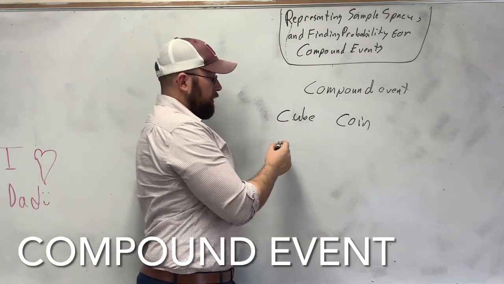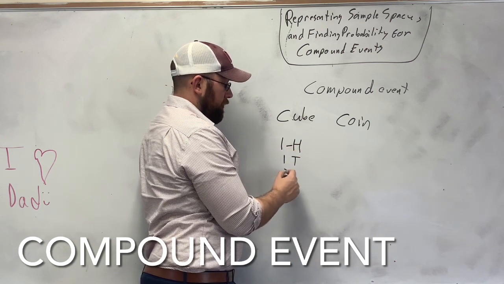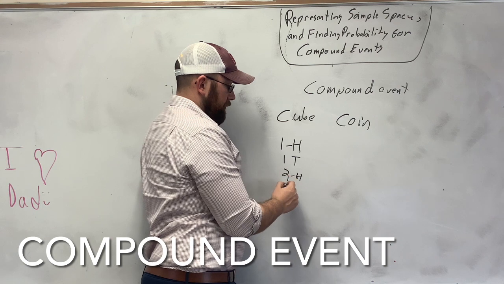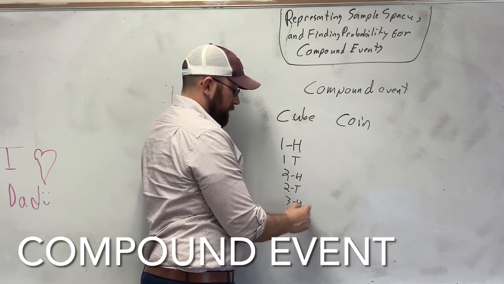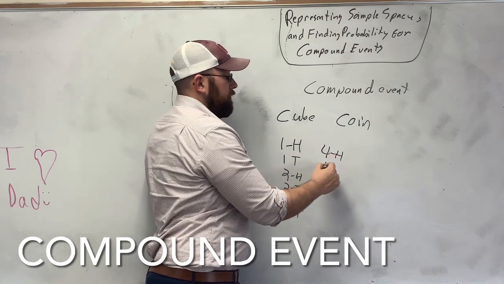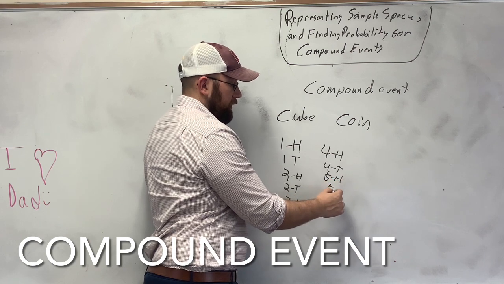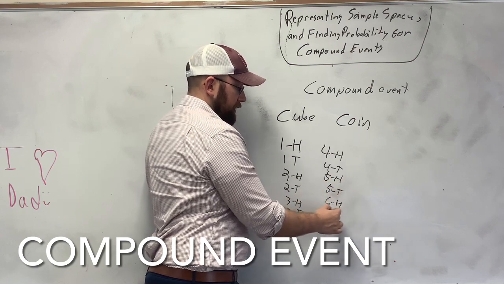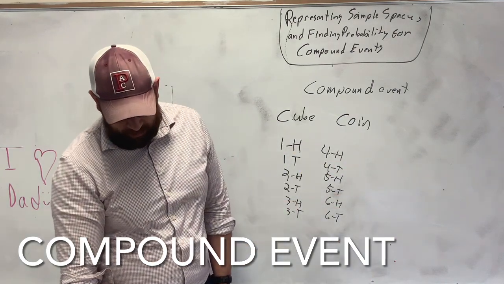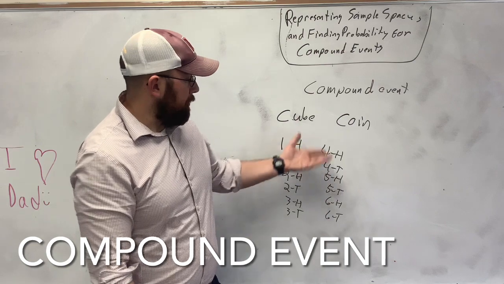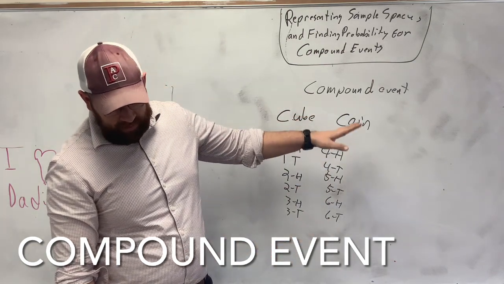So what we have here is one could be heads, one could be tails, two could be heads, two could be tails, three could be heads, three could be tails, four heads, four tails, five heads, five tails, six heads, six tails. Alright, that's what we can get out of this example. So this would be our sample space. This is everything we can find out of this example.